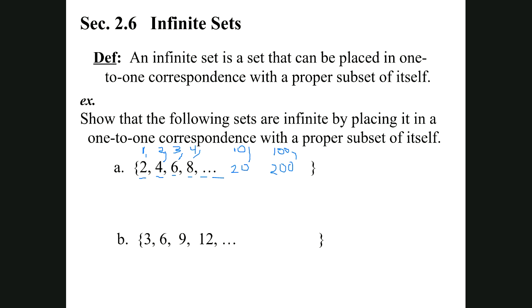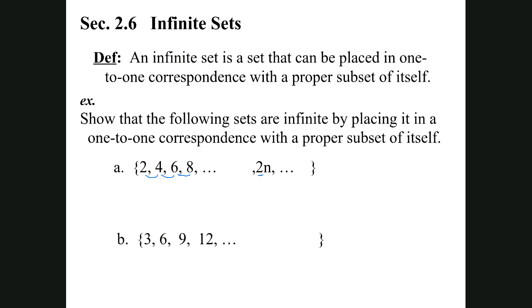So in general, for the nth term, n could be any number. You want to know what any term is, say the nth term. Well, it's just going to be 2n, 2 times n. And another way of seeing this is that whatever the difference is between each of the terms, the difference is 2. We go from 4 to 6, the difference is 2. From 6 to 8, the difference is 2. Whatever this difference is, 2, that's always going to be the number in front of n, because these are multiples of 2.